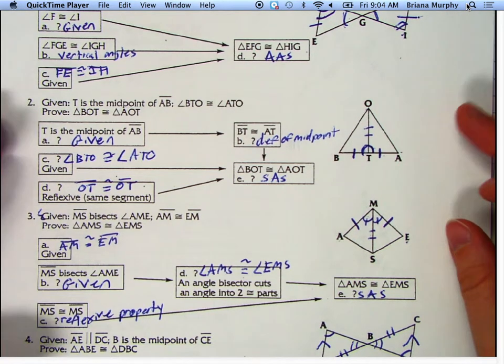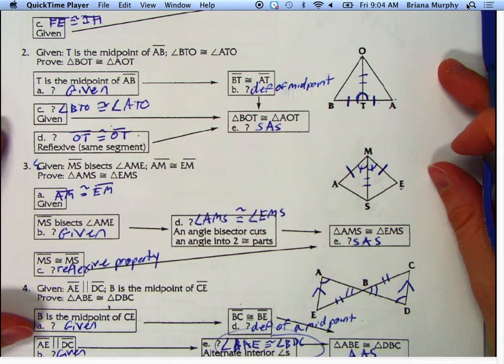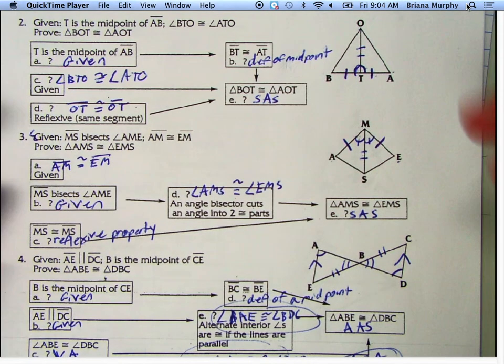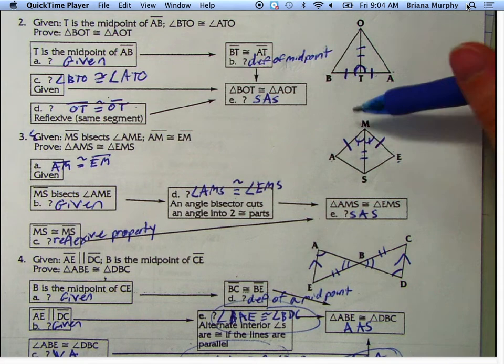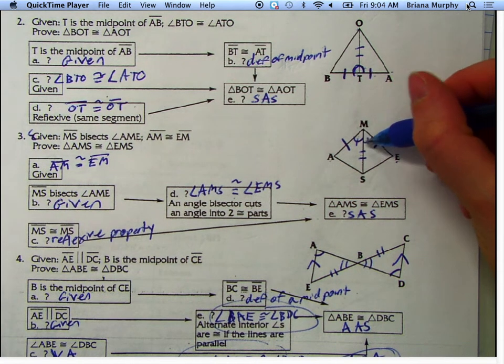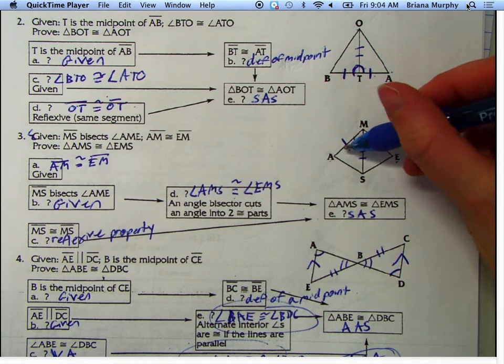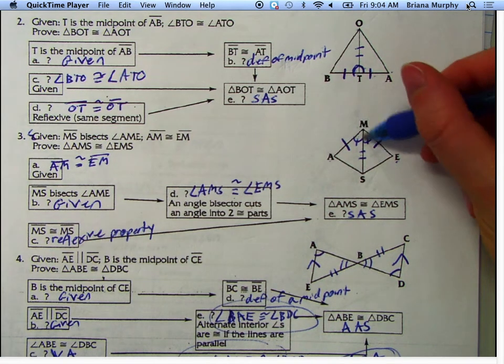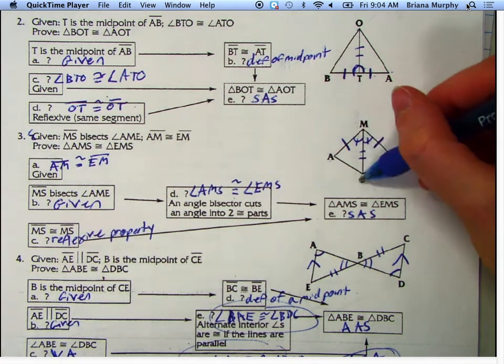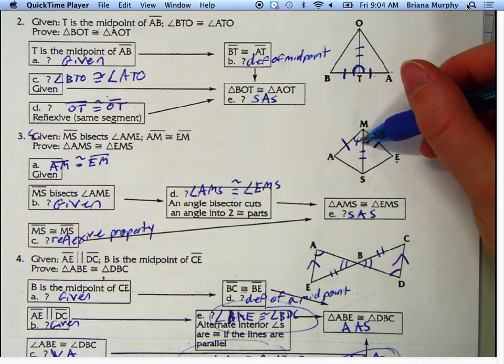Okay. Number 3. MS bisects angle AME. Well, I know bisects means it cuts it in half, so both sides of my angle are congruent. AM is congruent to EM, and that's part of my given. And then I look at it, and I'm like, okay, MS has to be congruent to MS by reflexive.